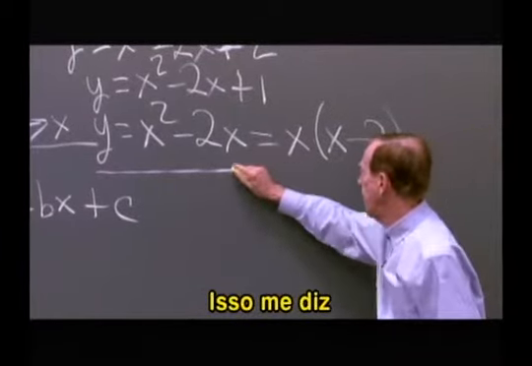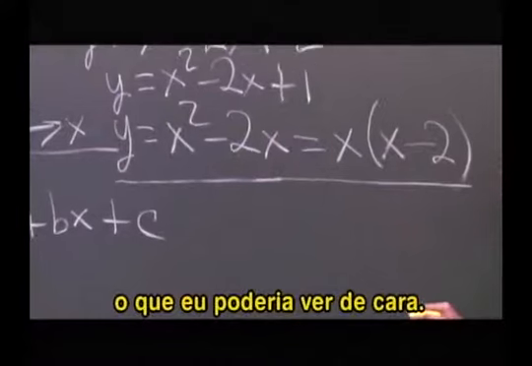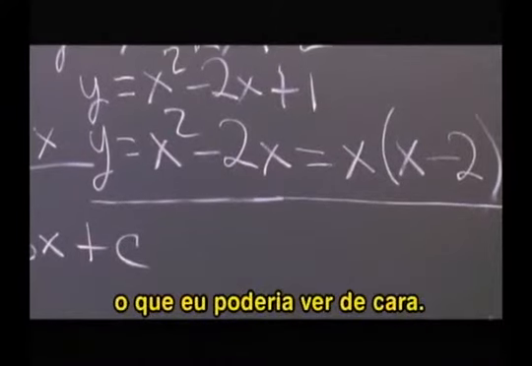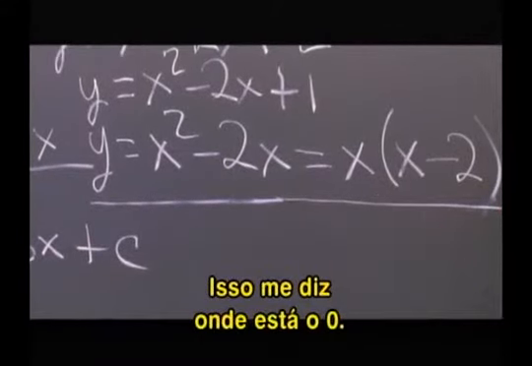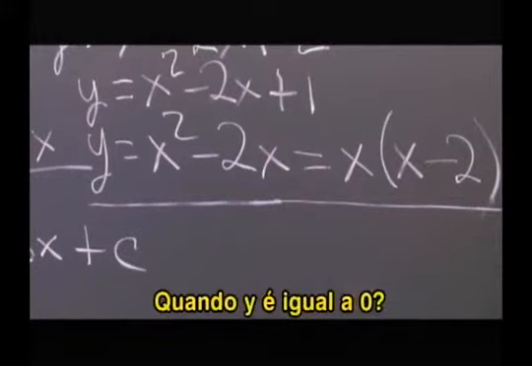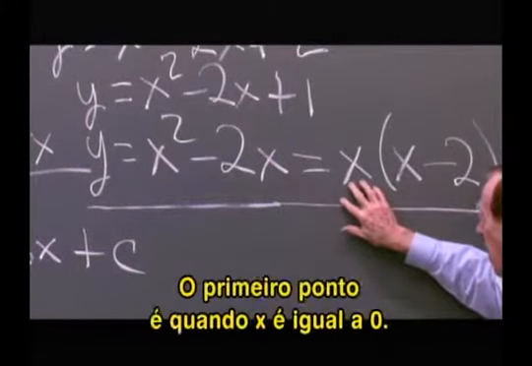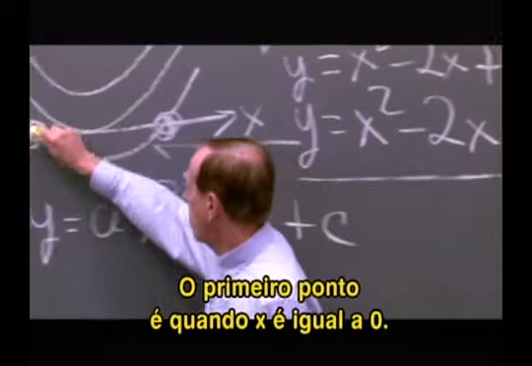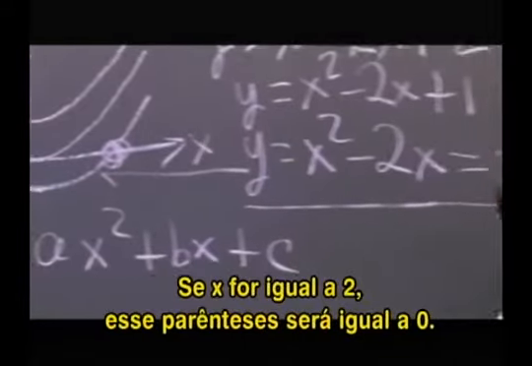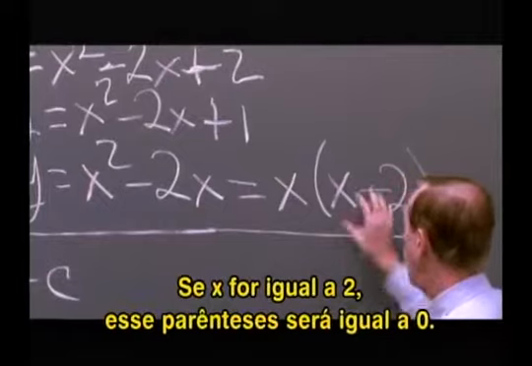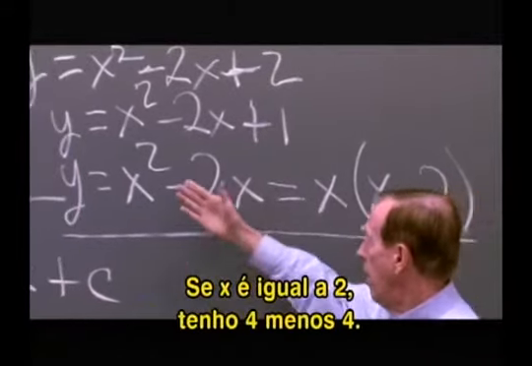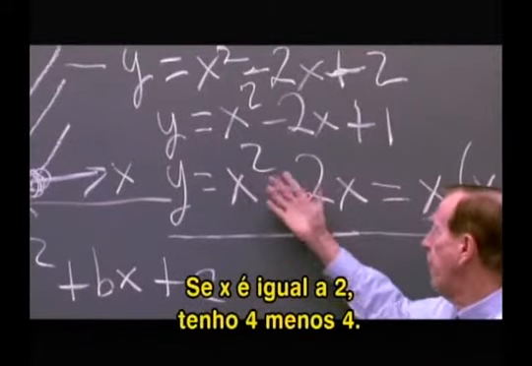Okay, and this tells me what I could probably figure out anyway, that it tells me where the zeros are. When is this 0? Well, this could be 0. That's this point. x equals 0. That's that point. Or x could be 2, and then this would go away. And if x was 2, I'd have 4 minus 4.